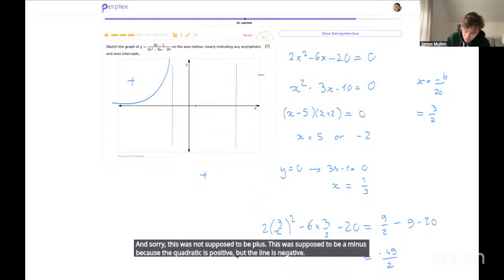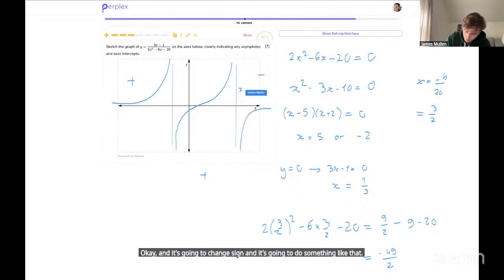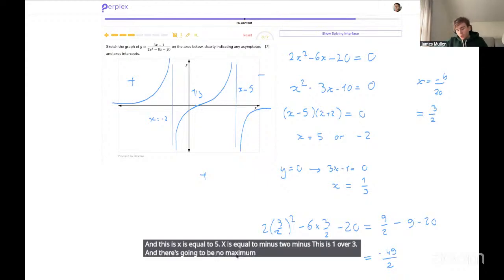So it's going to do something like this, and it's going to change sign and do something like that. This is x = 5, x = -2, and this is 1/3. And there's going to be no maximum on this function, actually, even though the quadratic denominator has a minimum.